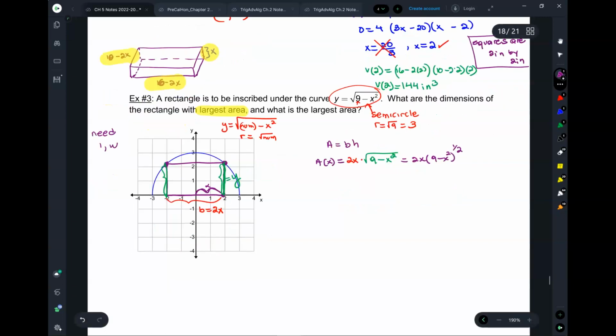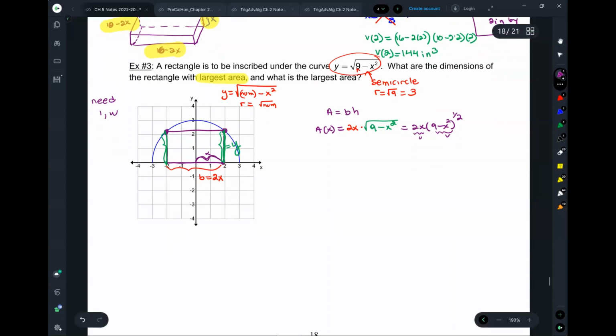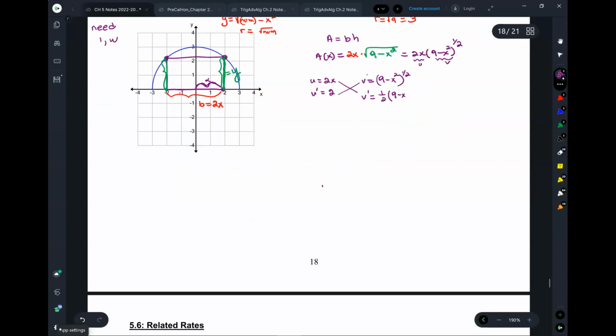So now, product rule. This is u, this is v. Let's do it. So u is 2x, u prime is 2, v is 9 minus x squared to the half, v prime is 1/2 times 9 minus x squared to the negative half times negative 2x.